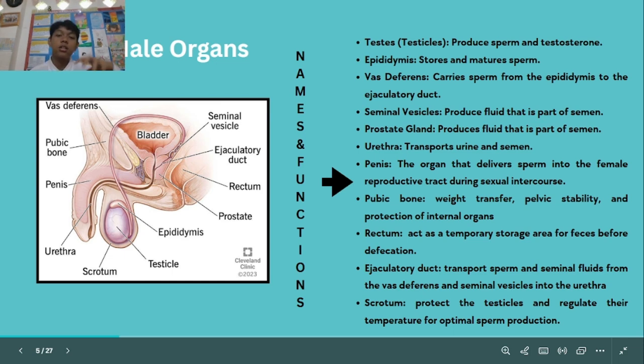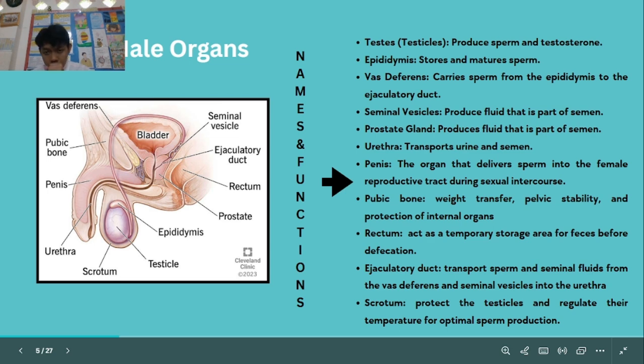The penis is the organ that delivers sperm to the female during intercourse. The penis is also used to release urine. The pubic bone provides weight transfer, stability and protection of internal organs.